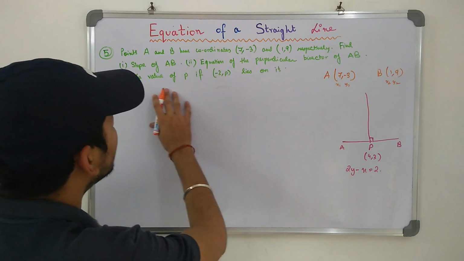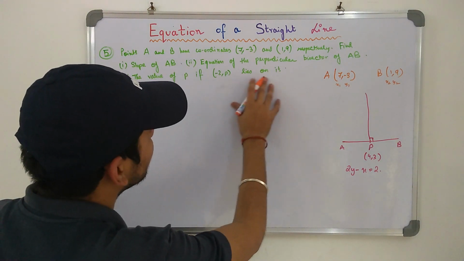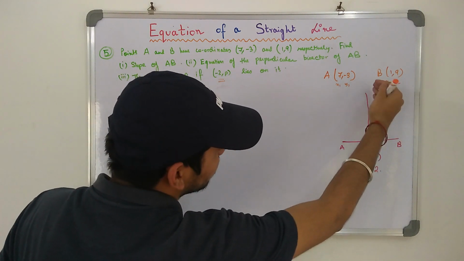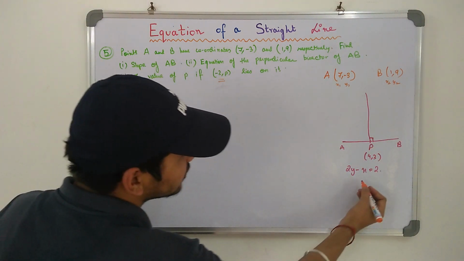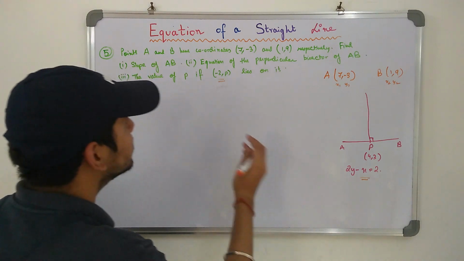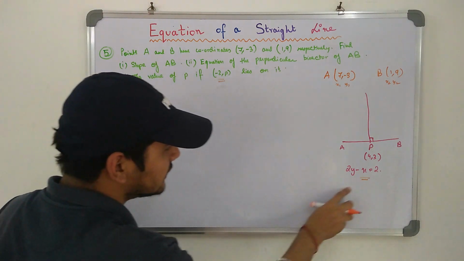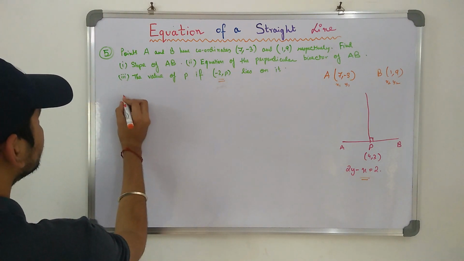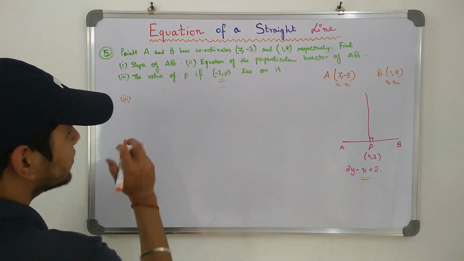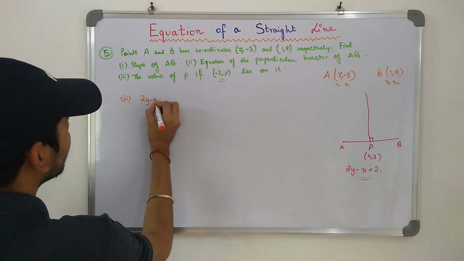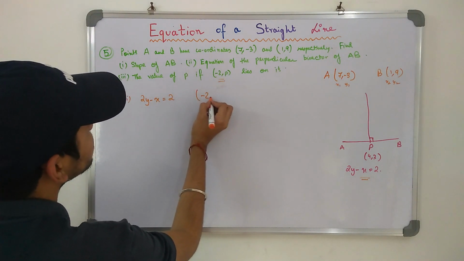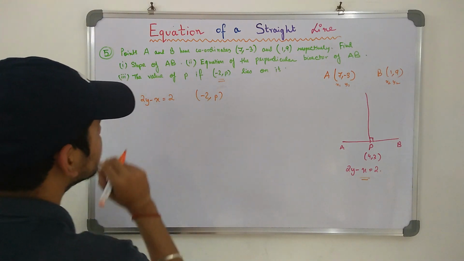Number 3, the value of p if (-2, p) lies on it. That means this point (-2, p) lies on the perpendicular bisector. We already have the equation of the perpendicular bisector. So we will just put the value of this point in this equation and we'll get the value of p. Let's do it. Let me write the equation first, which is 2y minus x is equal to 2, and we have to put in this point, which is (-2, p).